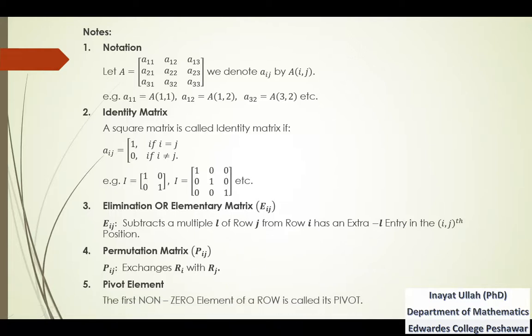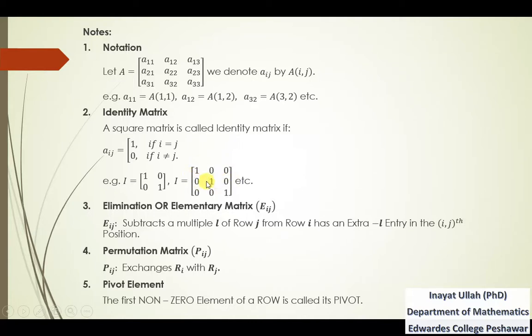And the fifth one is the pivot element. The first non-zero element of a row is called its pivot. For example, in this identity matrix, the first non-zero element of row 1 is 1, so the pivot of row 1 is 1.